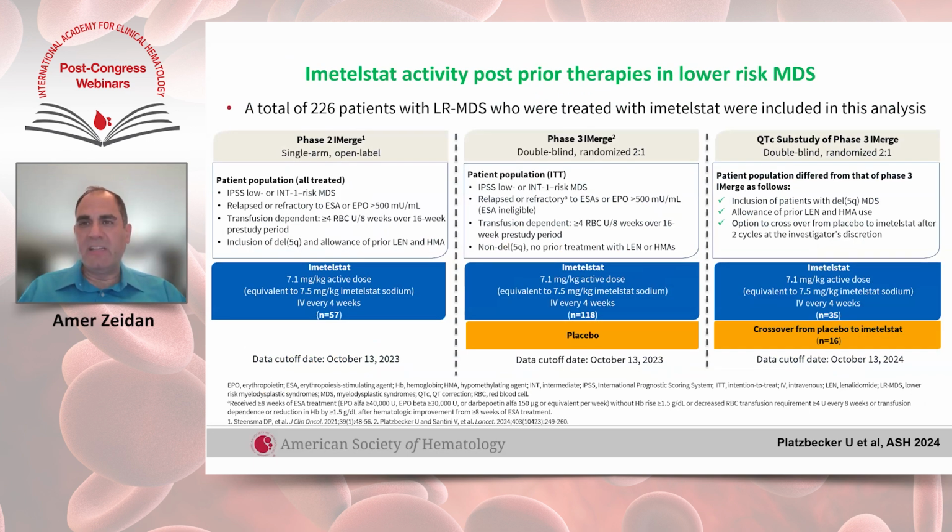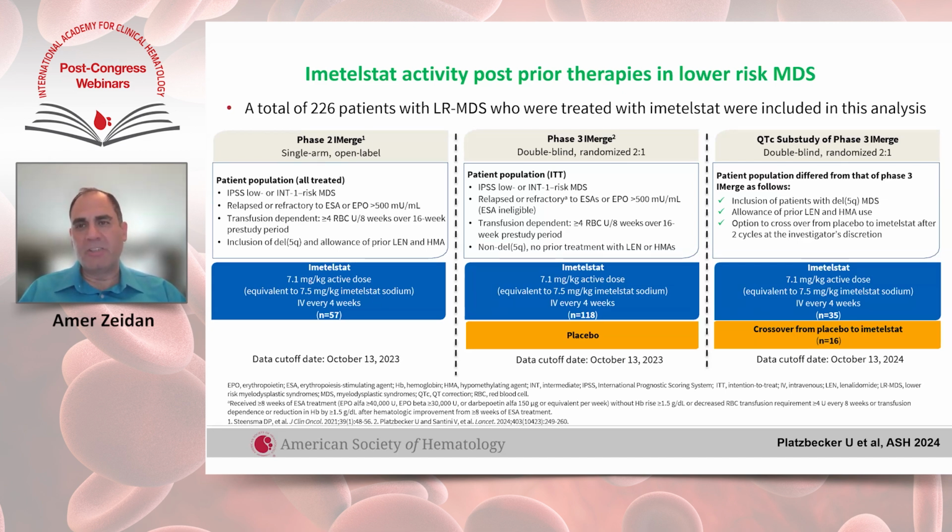So what was presented at ASH 2024 was an update, not only from the phase 3, but also from a phase 2 part of the study, as well as new data from a QTc sub-study of the phase 3, with the idea of trying to understand several important questions. The first question was, in the primary analysis of IMerge, only 7 patients out of 120 patients had received luspatercept.